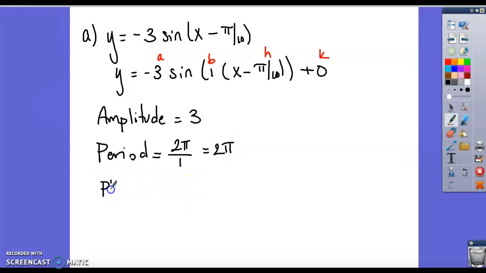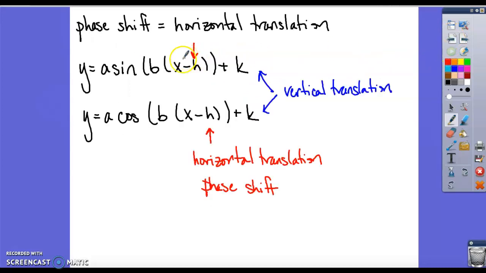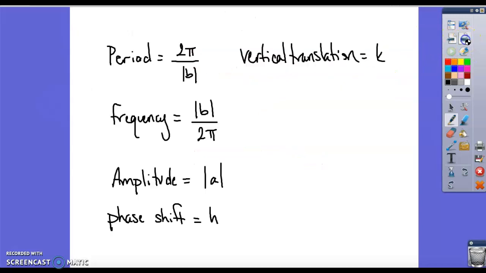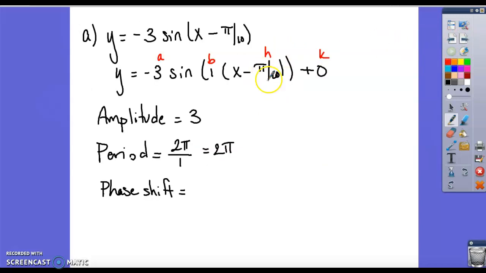My phase shift is h. In standard form, it's x minus h. Because it's x minus h, I always have to change this sign. So since it's x minus pi over 10, that means that h is pi over 10. With the phase shift, I'm just listing this as a value.